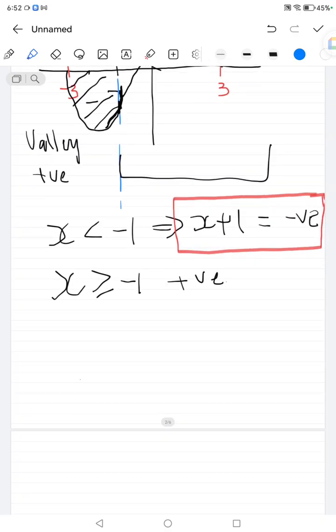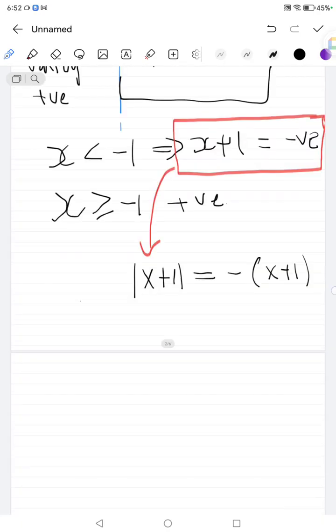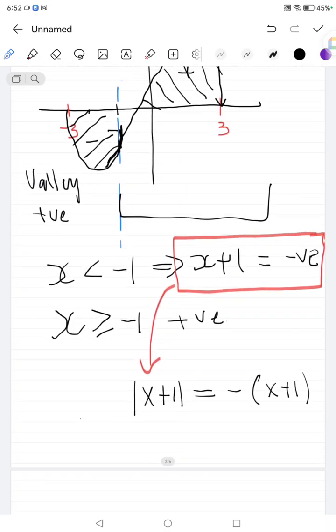So in this region, we have the absolute value of x plus 1, which equals x plus 1, but now we have to introduce this minus sign, because it flips the area and makes sure that it's positive. So you're going to have two different things in the two regions.